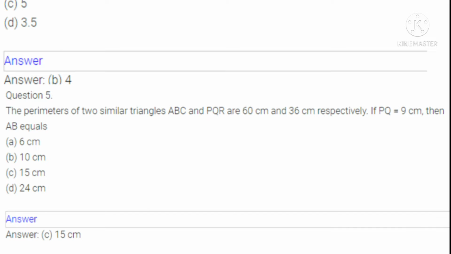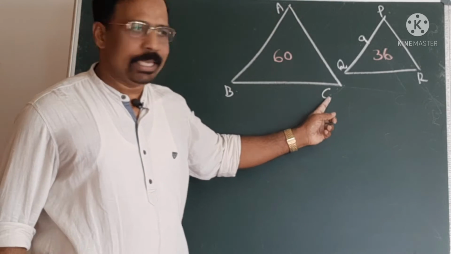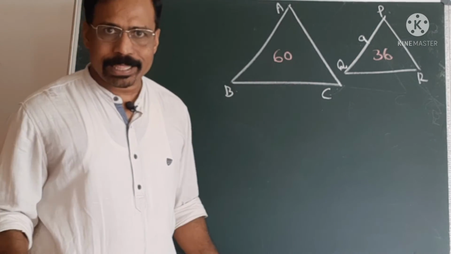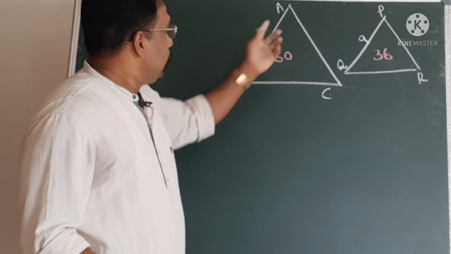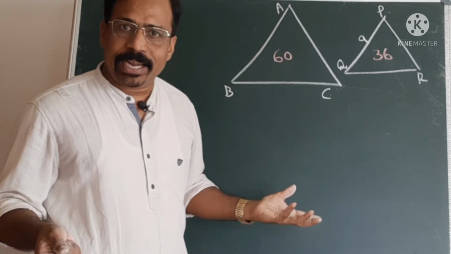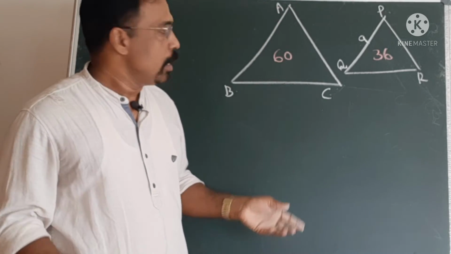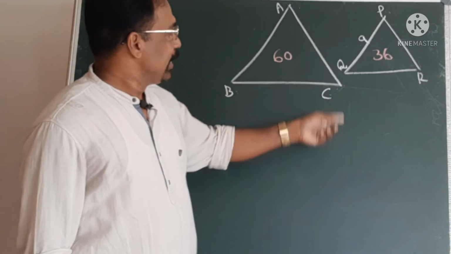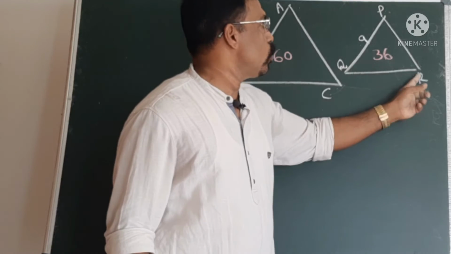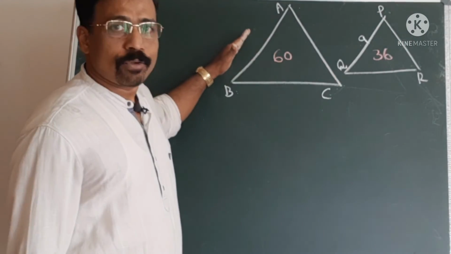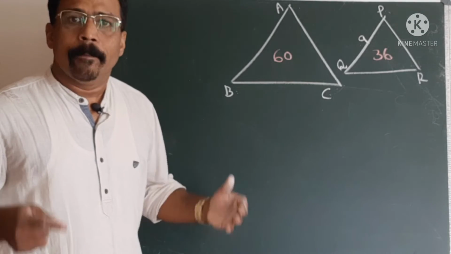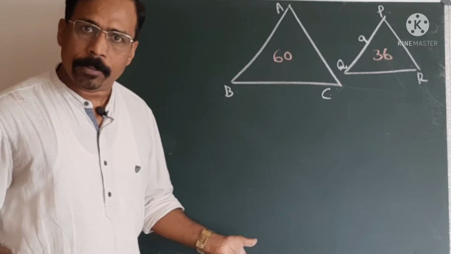Now it is given that triangle ABC is similar to triangle PQR. If triangles are similar, then their perimeters will be in the same ratio. Why? Because 60 is AB plus BC plus CA, and 36 is PQ plus QR plus PR, and the sides of similar triangles are in the same proportion. Therefore, their perimeters will be in the same proportion.